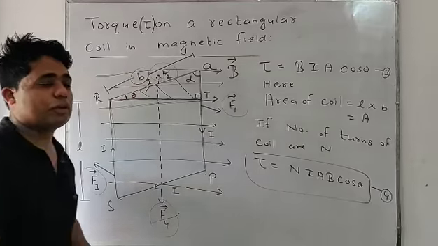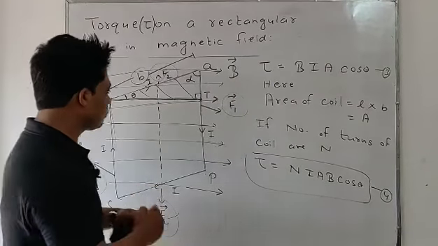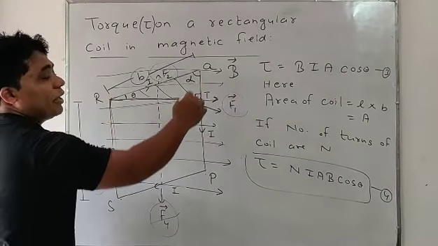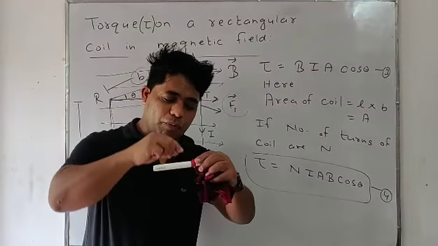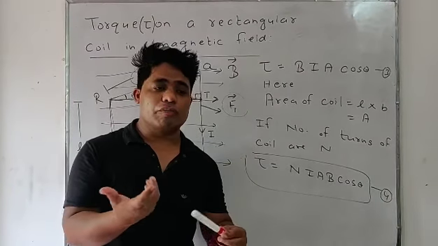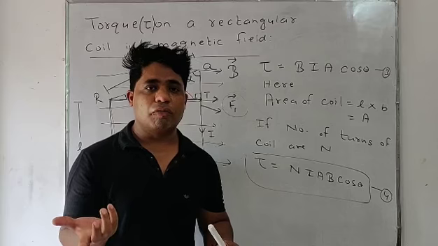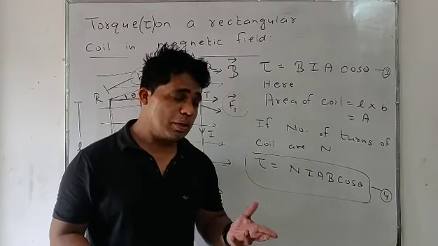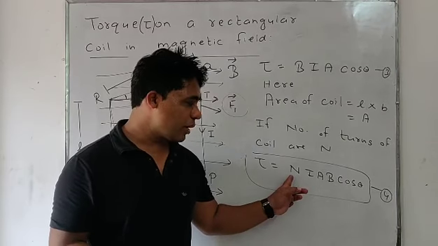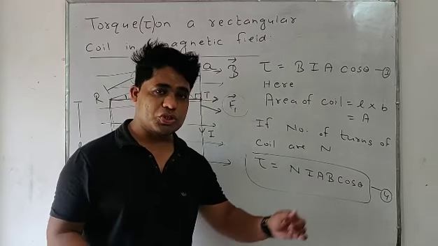I just multiply with n. This is the torque for 1 turn. Okay, if we are having n number of turns, 1 turn, second, third, generally we use copper wire for that number of turns. For the coil, if n number of turns are there, we multiply with n. So N I A B cos theta.